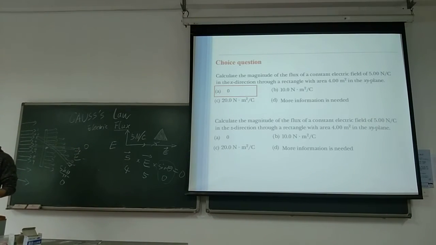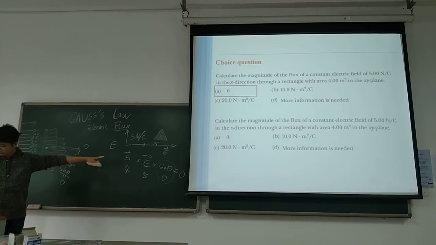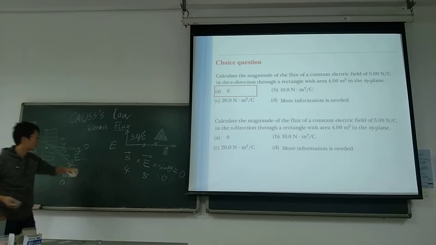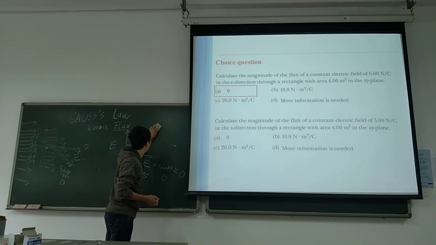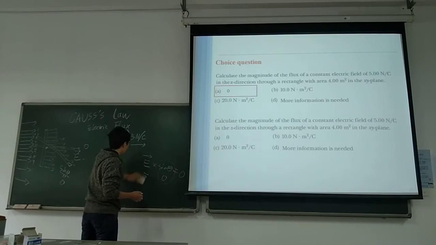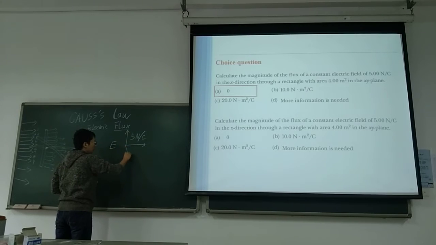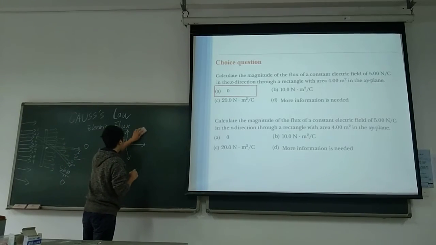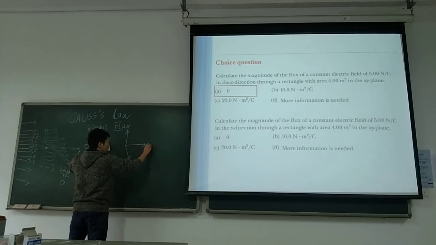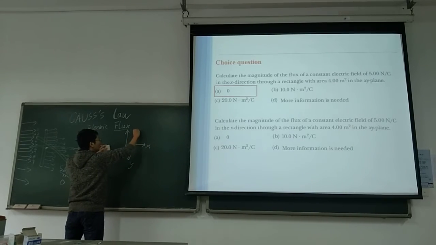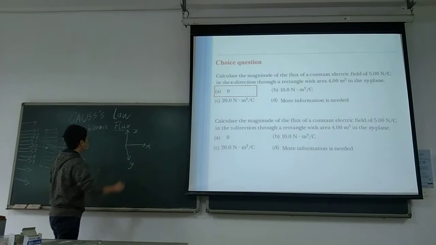Then question 2. Calculate the magnitude of the flux of a constant electric field of 5 in the z direction. X, Y, Z, with the E in the Z direction.